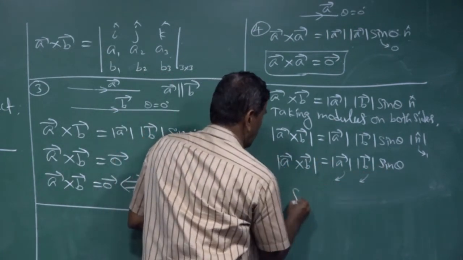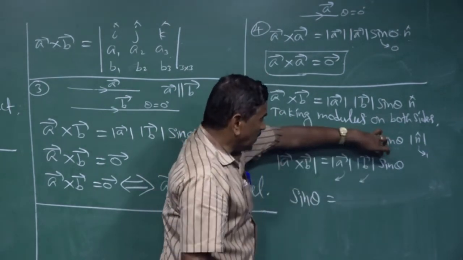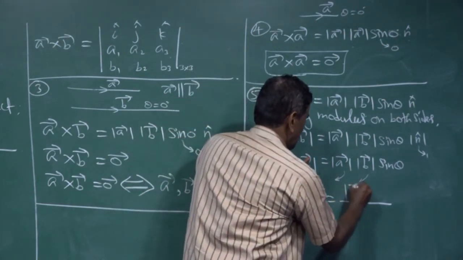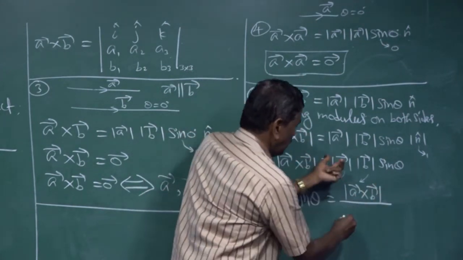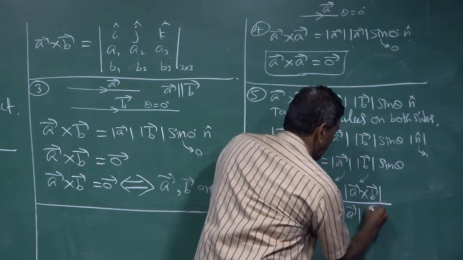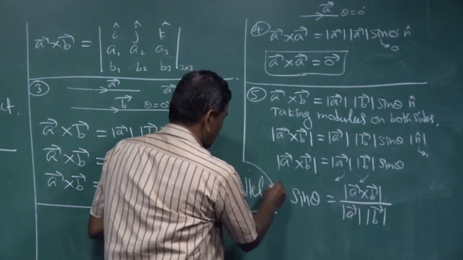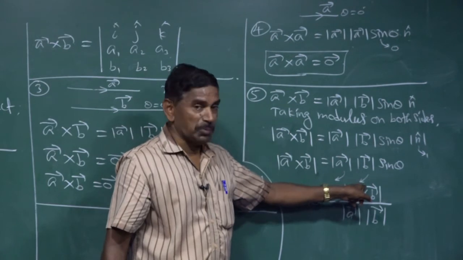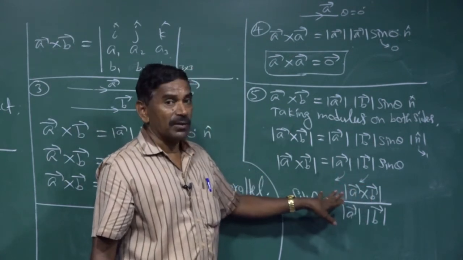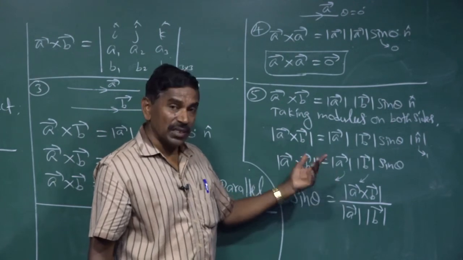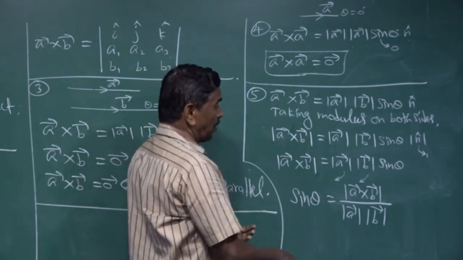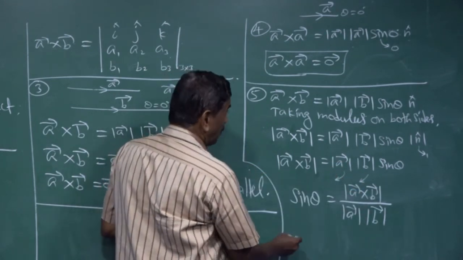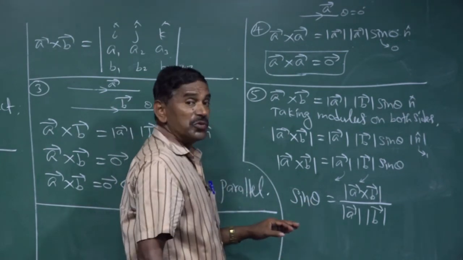Can you tell me what sin theta is equal to? Sin theta is equal to modulus A cross B divided by modulus A vector into modulus B vector. This is the formula to find the angle between A vector and B vector using cross product.